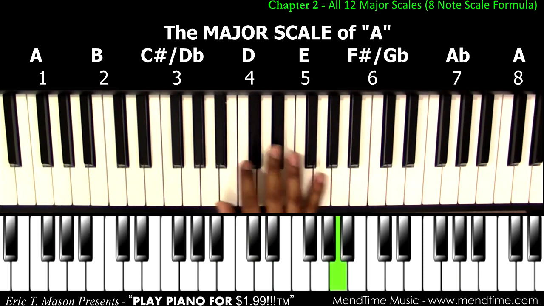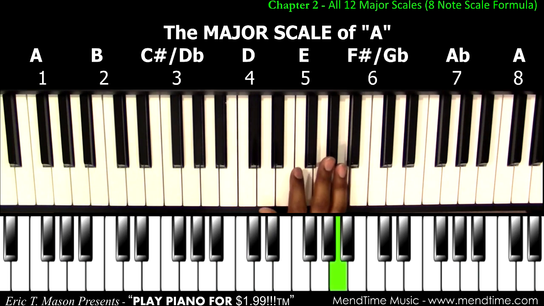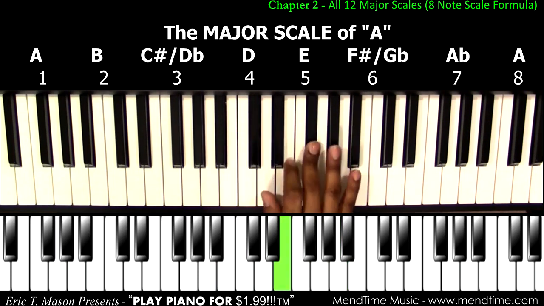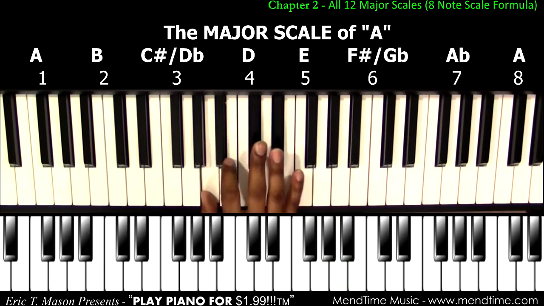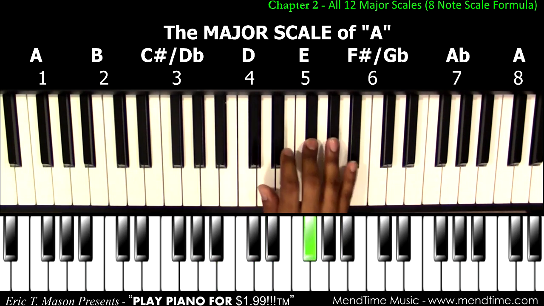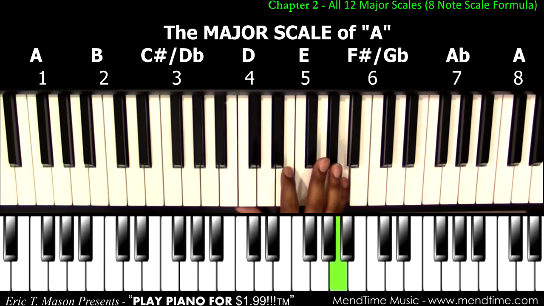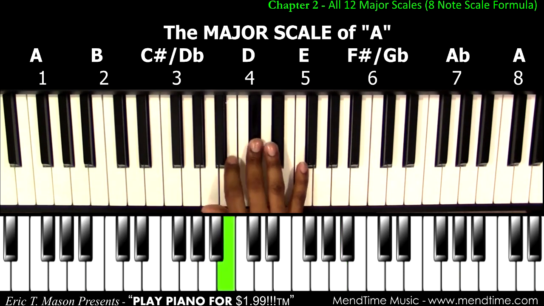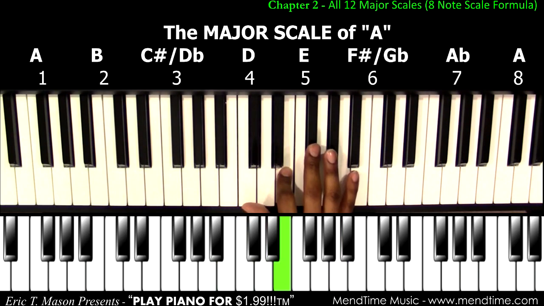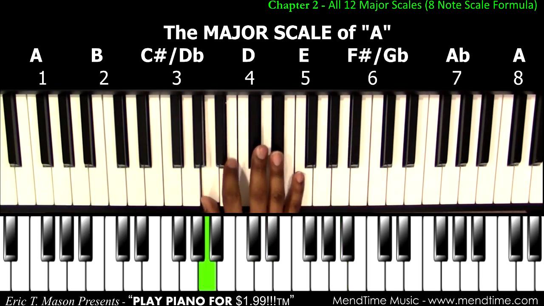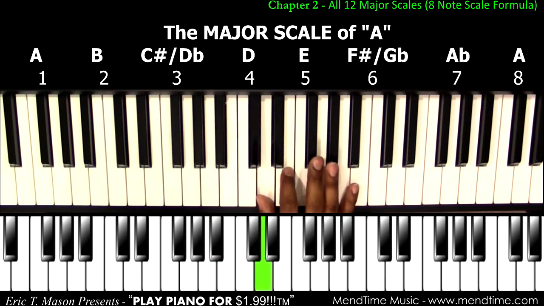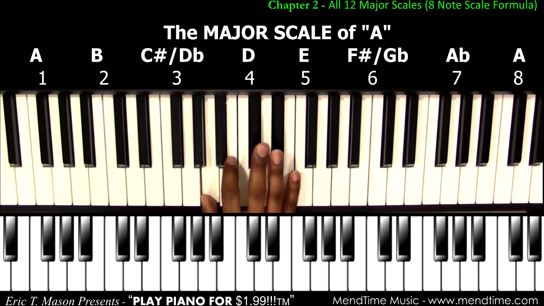The difference is it goes up from scale to scale. A, B, C sharp, D, E, F sharp, A flat. 1, whole step, half step, whole step, half step, half step. So you see the repetition again in the pattern.